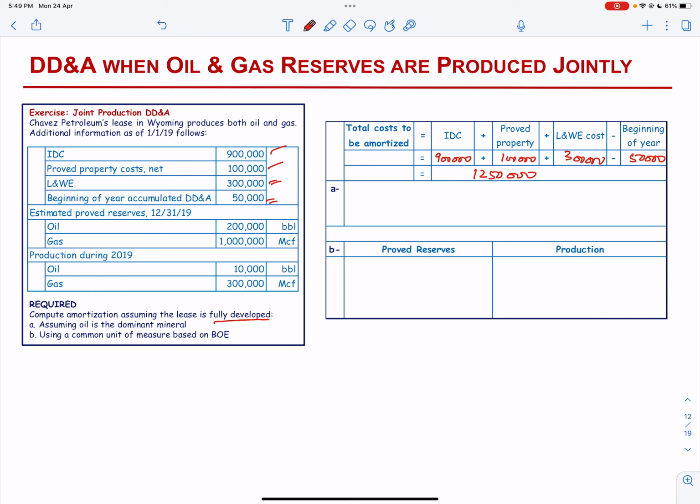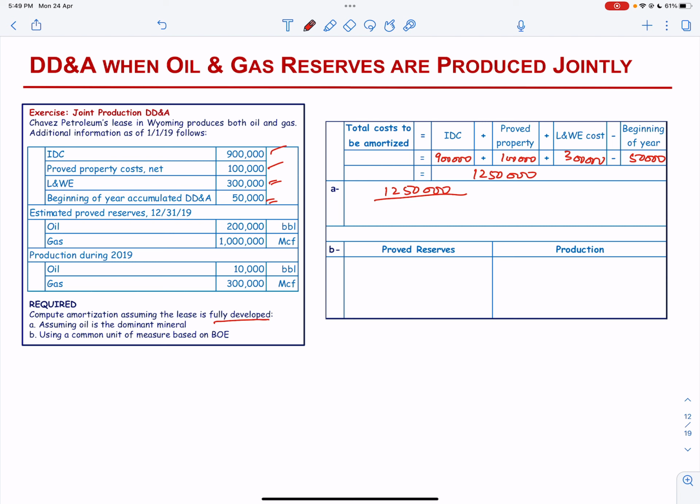Now we can calculate the DD&A. So the total cost to be amortized is 1,250,000, and this is going to be divided by the proved developed reserves at the beginning of the year, and that is going to be how much?